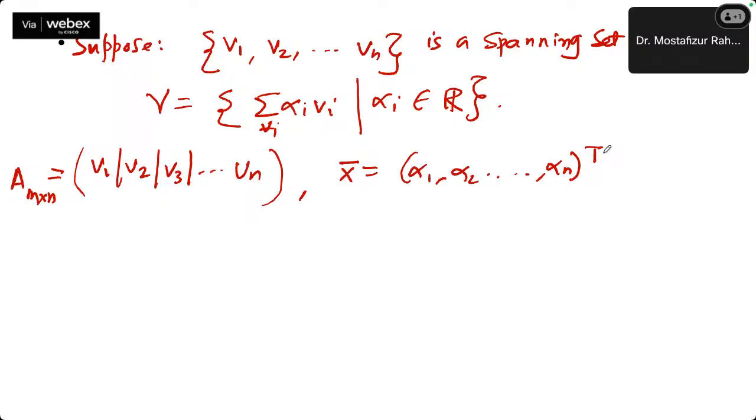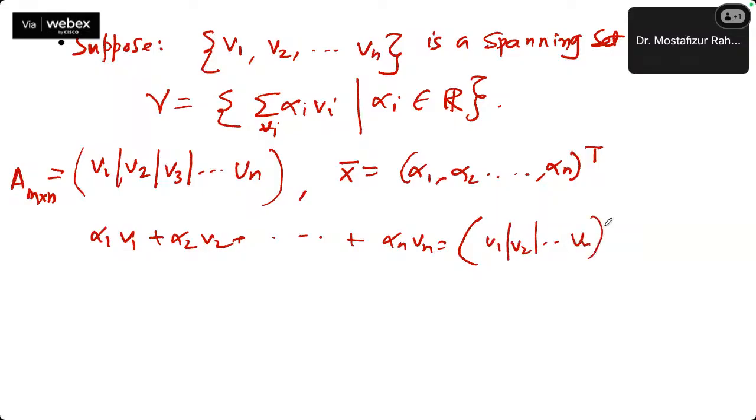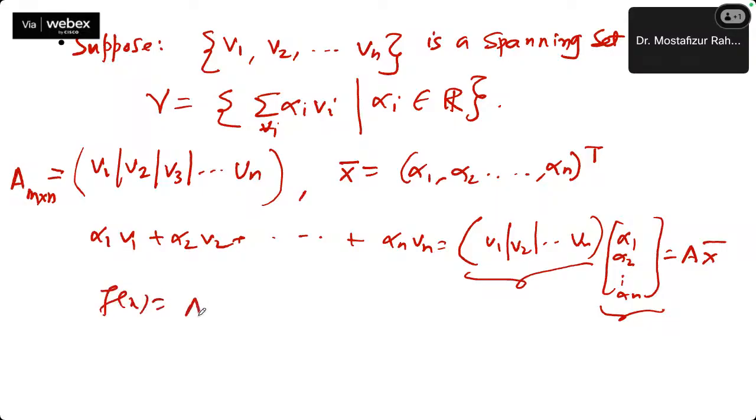Then alpha 1 v1 plus alpha 2 v2 and so on up to alpha n vn, stacked as v1 v2 up to vn times alpha 1 alpha 2 up to alpha n, is actually equal to A x bar. So f of x equals A x bar is a linear function.